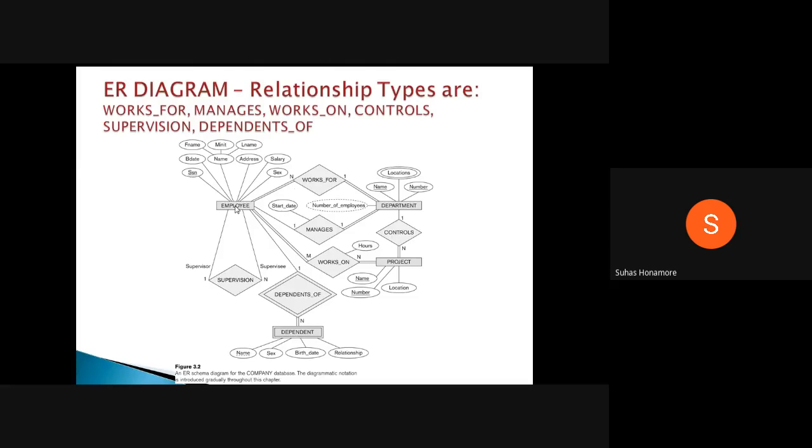Here we are saying that to remain an employee, he has to belong to any one department. To remain in the company, he has to belong to at least one department, otherwise he can't become an employee. So this employee is completely dependent on a department; he has to work for at least one department.